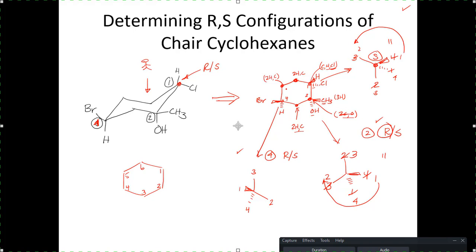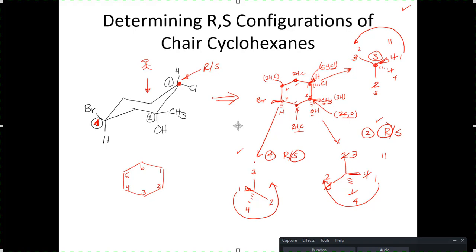So again, CH2 versus CH2 is a tie. CH2 versus the carbon with the oxygen: the oxygen wins. Now 4 is away from me, so I just go right to going from 1 to 2 to 3, which is counterclockwise, so carbon 4 has the configuration of S.